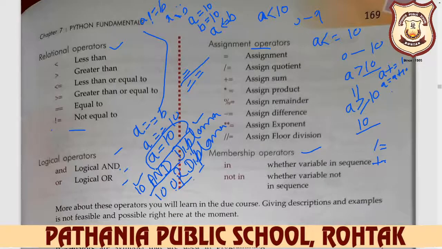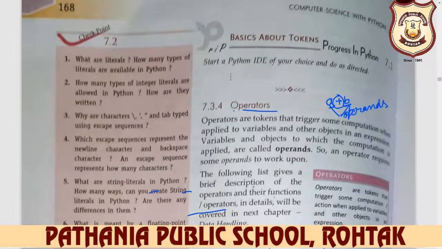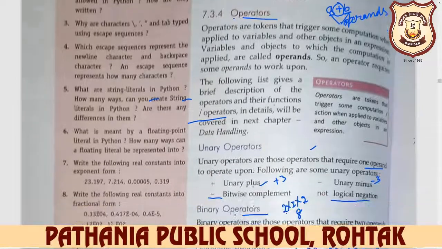Next operator is the membership operator. Two operators are there, in operator and not in operator. Whether a variable is in a sequence or whether a variable is not in a sequence. So here operators are your token, and mainly in Python two kinds of operators are there, unary operator and binary operator.